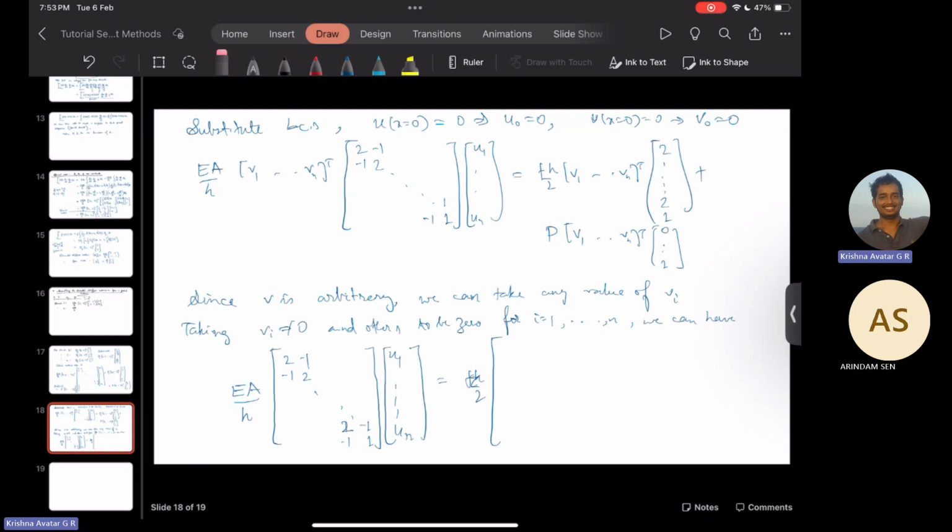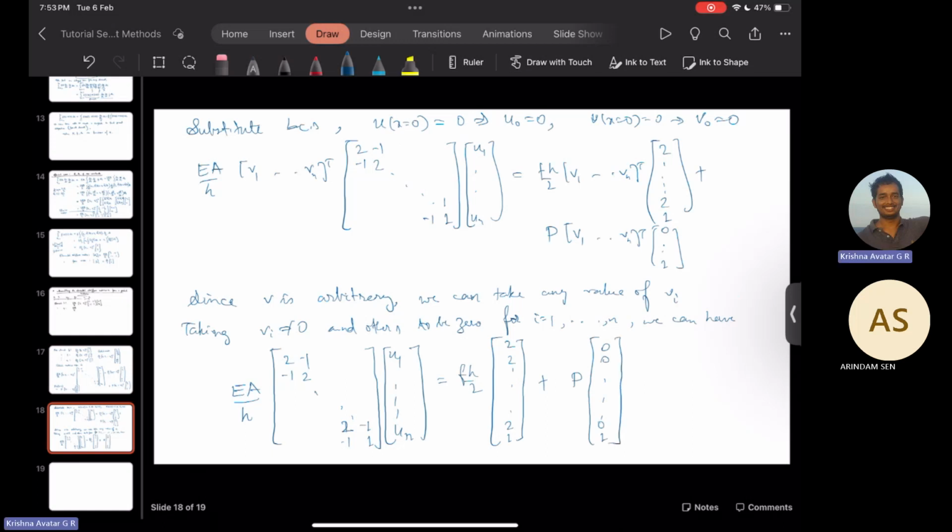Let me write it nicely. That's by 2, and then it will be 2 2 2 and 1 plus p, 0 0 and 1.